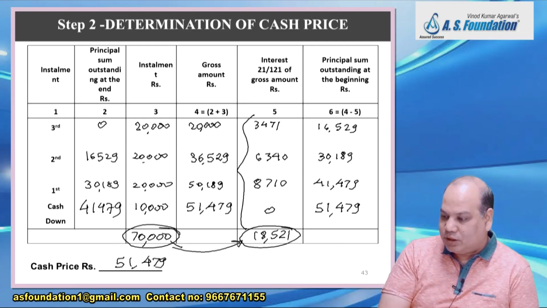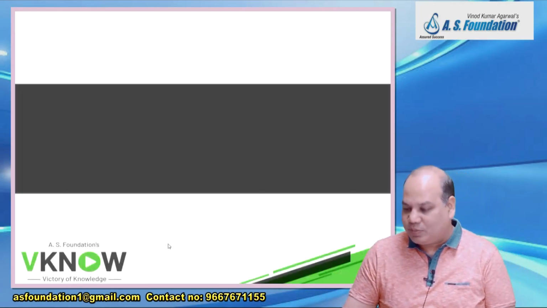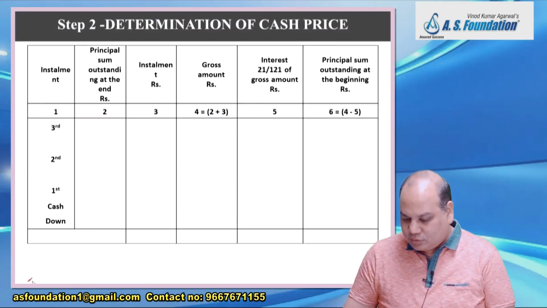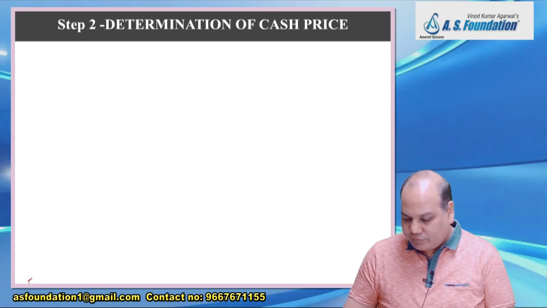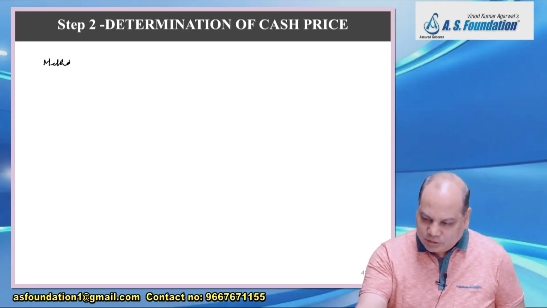Now can I solve it by the annuity factor also? You want to try? Only the cash price you can find. For interest in each installment, you have to prepare the table. So write down method 2 to calculate cash price.